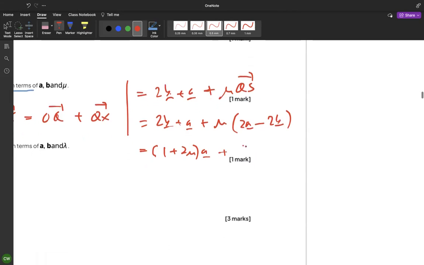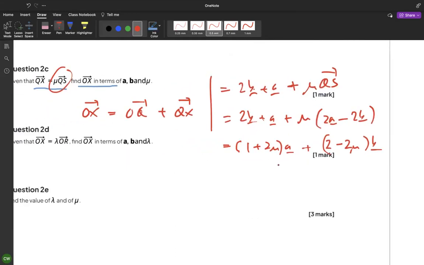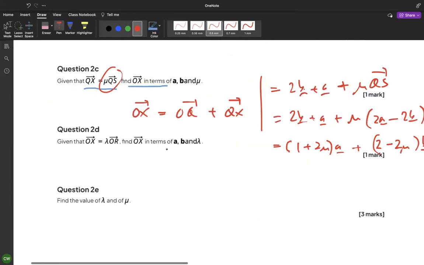This one got 2 minus what? Here minus 2 mu, correct? 2 minus 2 mu B. Okay, right? Factorization. A got one part, B got another part.